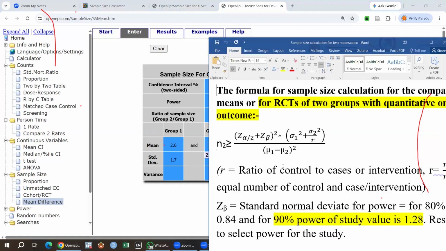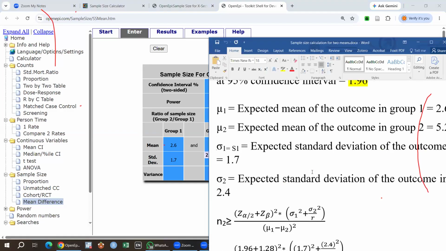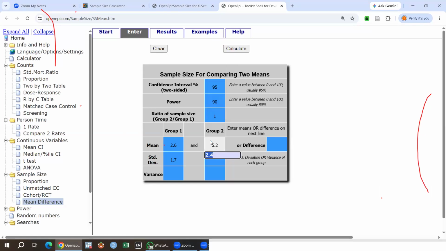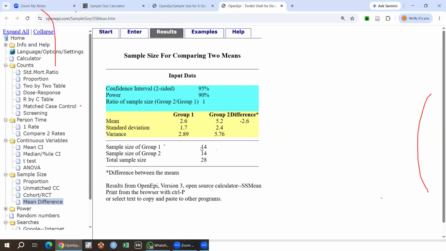I think I'm right for this. Yes, I can check this. 1.7, 2.4, 2.6, 5.2. Yes. Then click OK. Calculate. This is the sample size coming. Sample size for group 1, sample size for group 2, and total sample size 28.